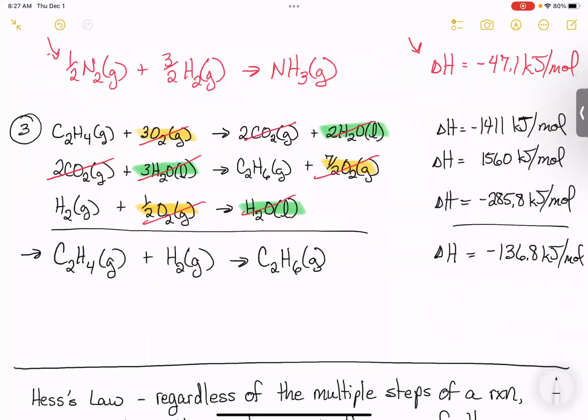So I said that these 3 things were going into Hess's law. We will also use some of these concepts for stoichiometry.